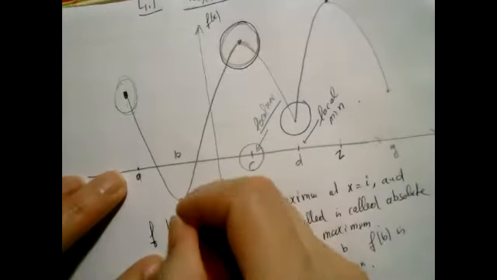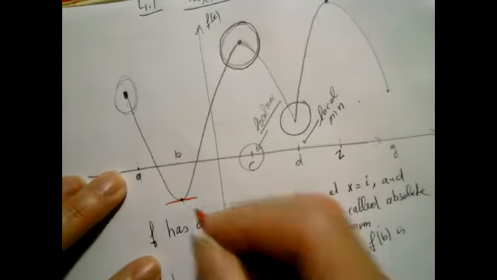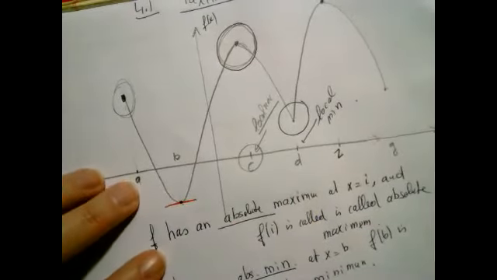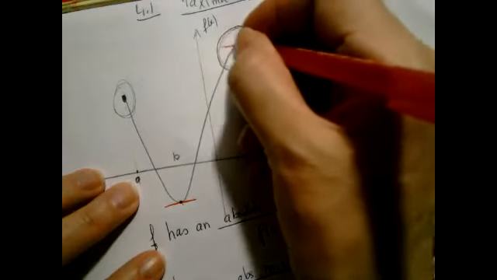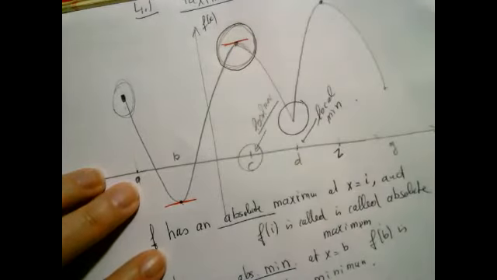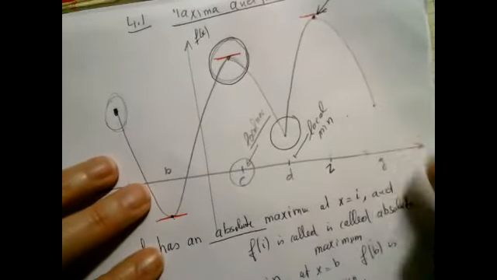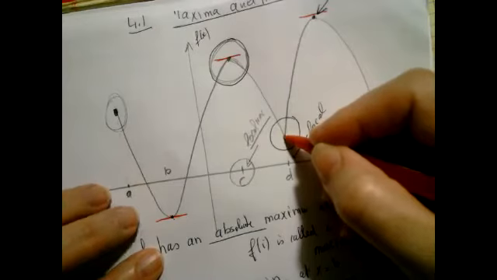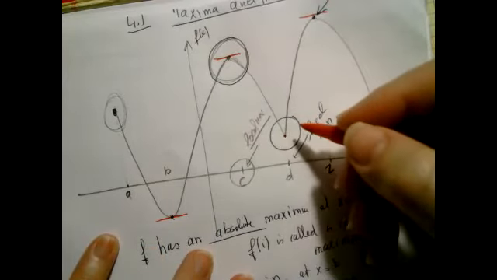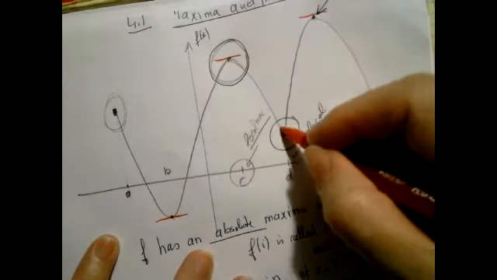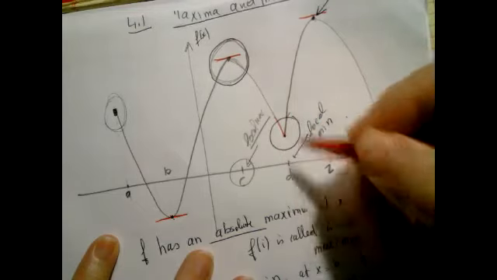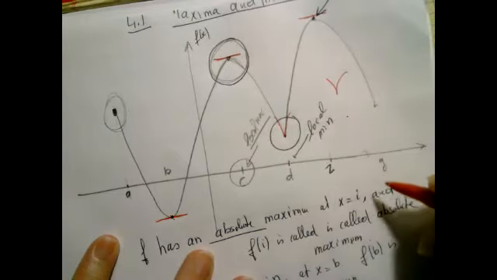They occur right here, where one of you told me the derivative is 0. They occur right here, where the derivative is 0. And they occur right here. But here there is no derivative, basically. The derivative doesn't exist because we have one tangent from the left, one tangent from the right. The function has a corner.